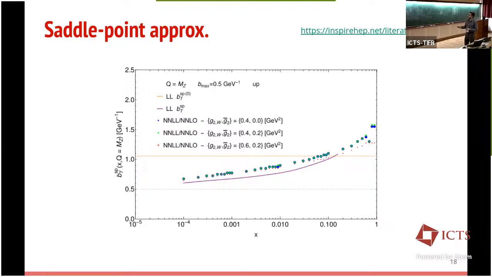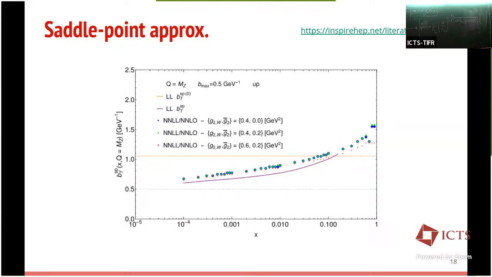I'm almost done. The purple line is the analytic solution for the saddle point with x and Q dependence. Now we fix Q equal to 91 and we see the x dependence, driven by the derivative of the PDF.